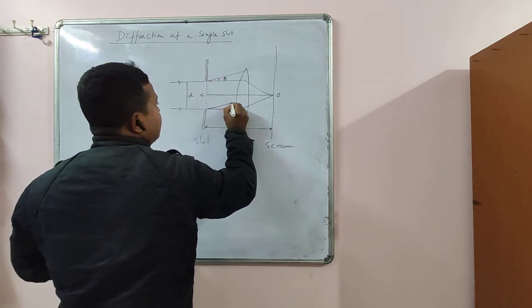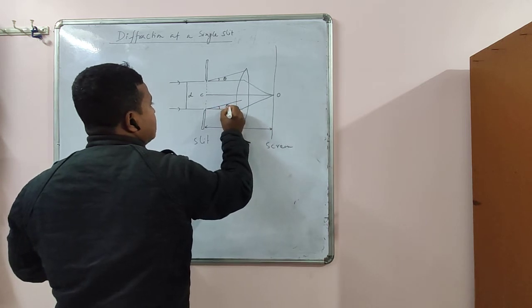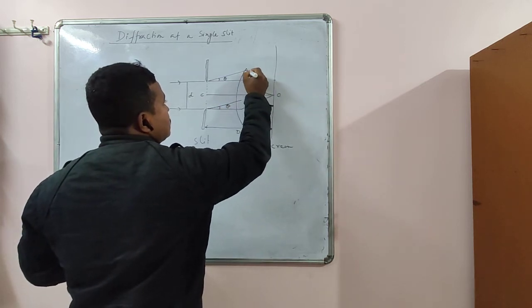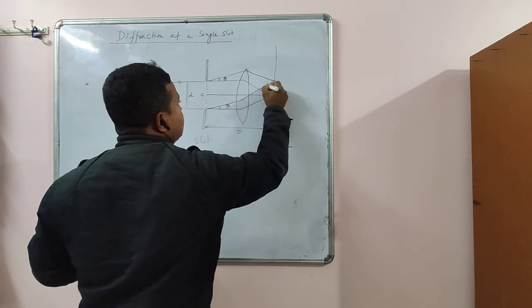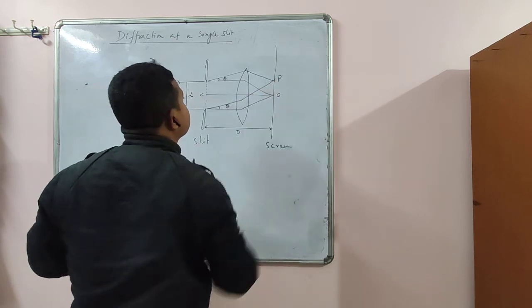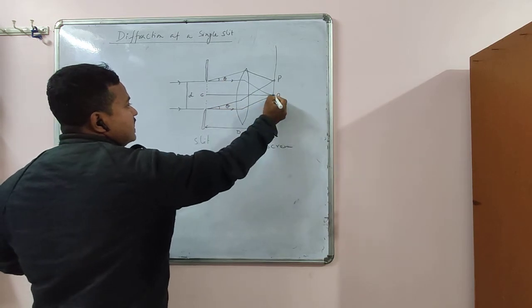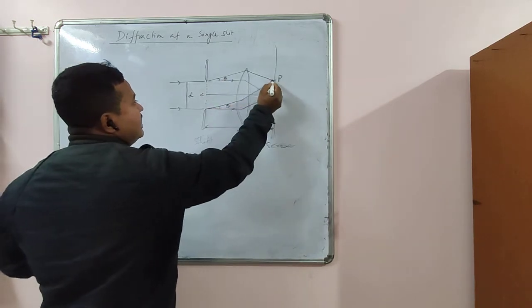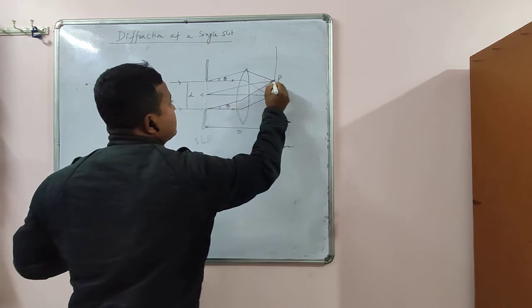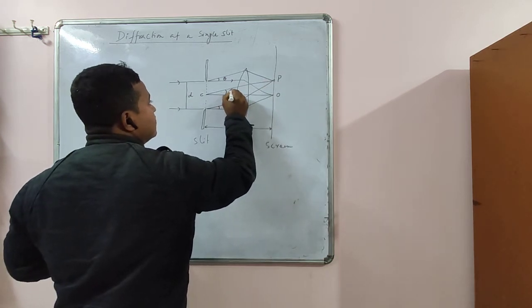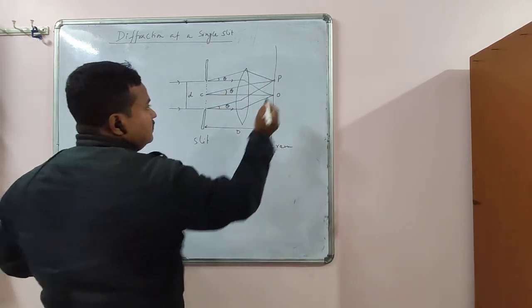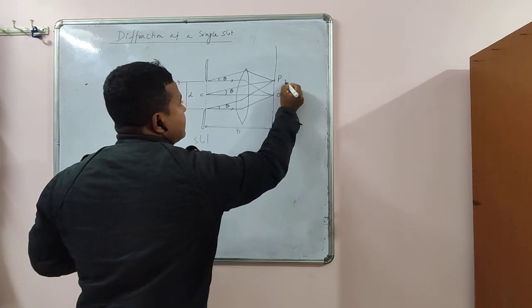From there also you take a diffracted beam that bends at angle theta. So they meet at this point, suppose point P. So the straight one meets at the center and the diffracted one meets at point P. So this angle also is theta.